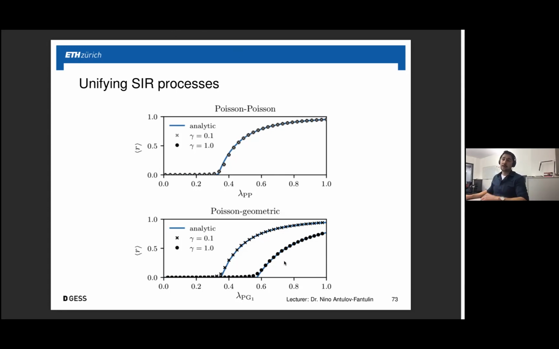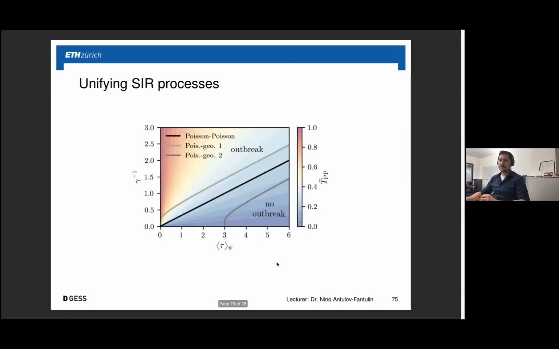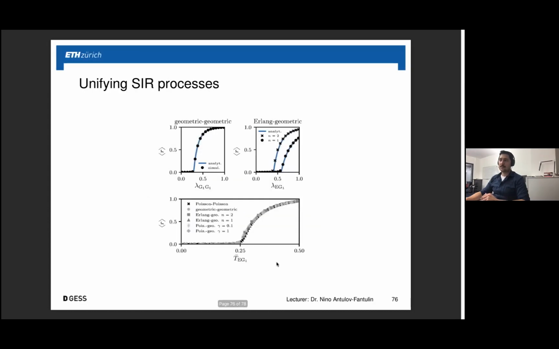And in this kind of way, you can essentially unify different types of phase diagrams in epidemic spreading. Okay. There is this nice paper where we have shown how different types of distribution actually can be mapped to some effective parameter. That is an optional thing for you.